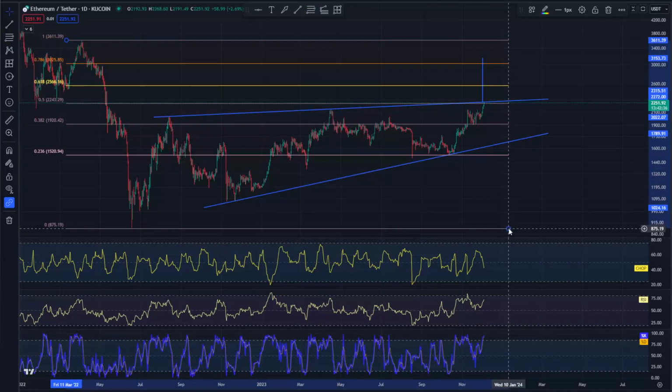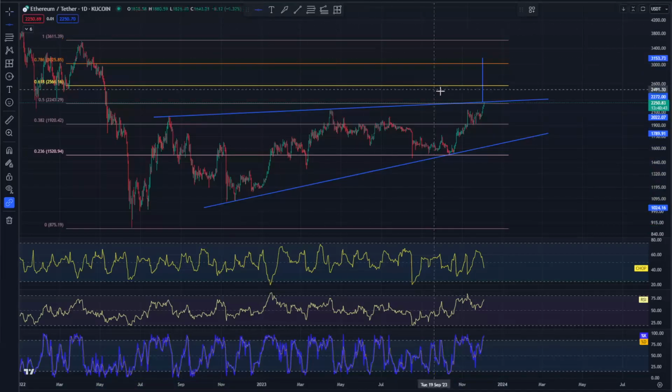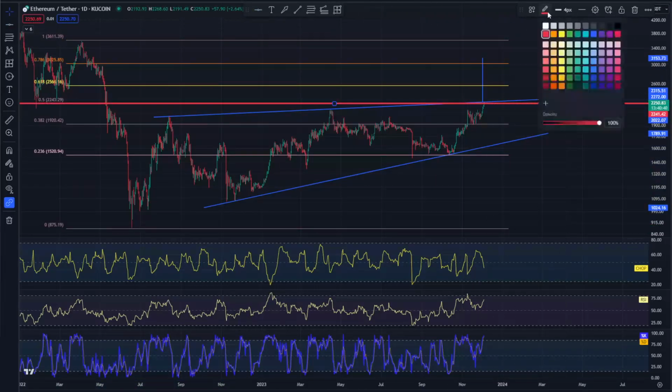In such a situation, we will use the fib retracement tool to check potential resistance points. And we can immediately see that the price is currently fighting the first such resistance at $2,241.